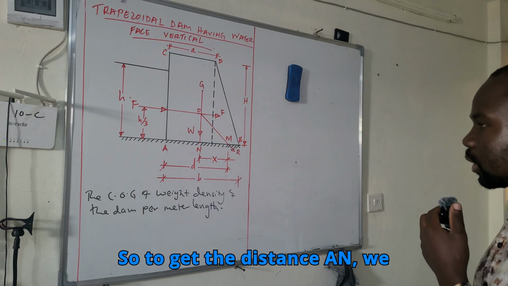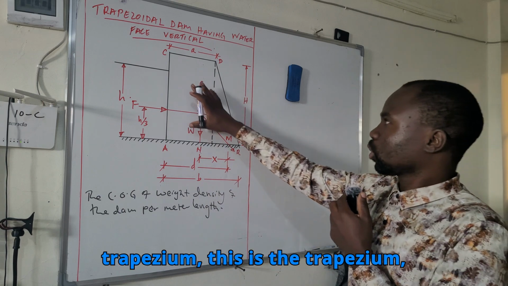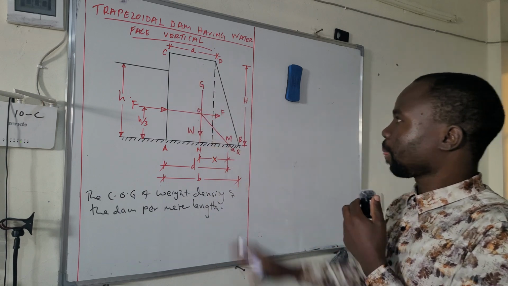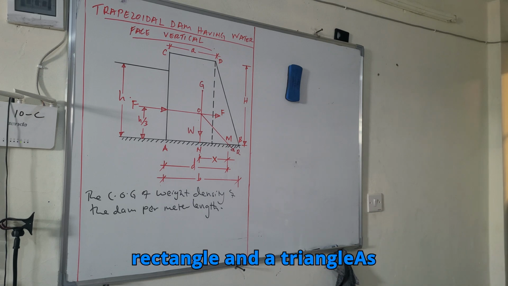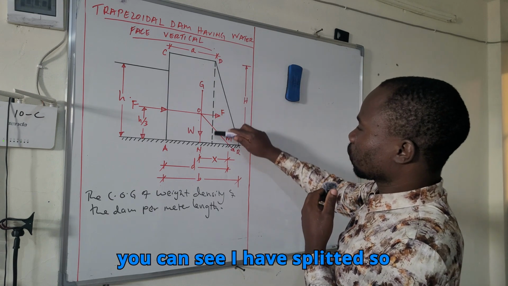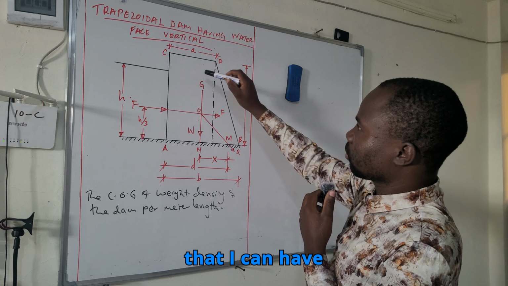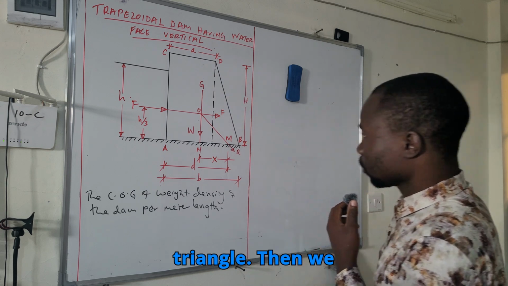So to get the distance AN, you will first split the trapezium into a rectangle and a triangle. As you can see, I have split it so that I can have the rectangle and the triangle.